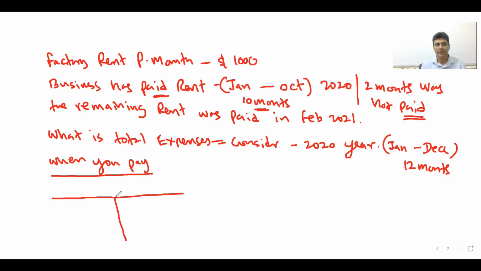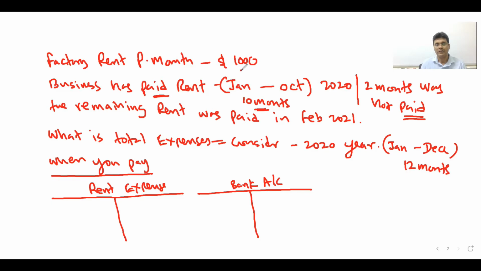You need to debit your rent expenses, and since it was paid, the bank account has to be credited. So you debit 1000 times 10 months, so that will be how much? 10,000.